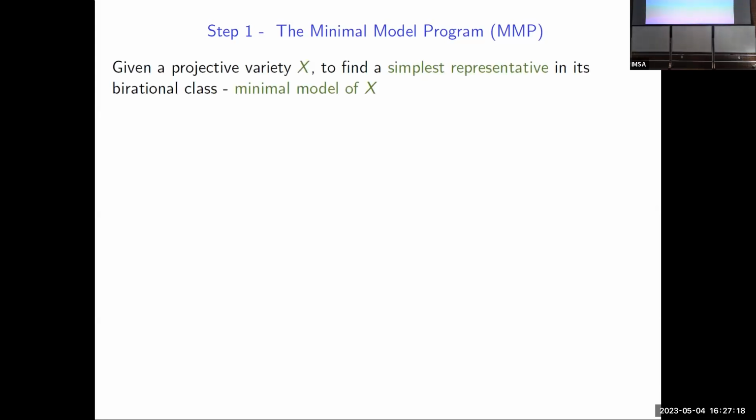The goal of the minimal model program is that given a projective variety X, we want to find a simplest representative in its birational class, the minimal model of X. In dimension 1, there is really not much to be done, because for smooth curves, isomorphism is the same thing as birational equivalence, and so this was pretty much achieved by Riemann in the 19th century.